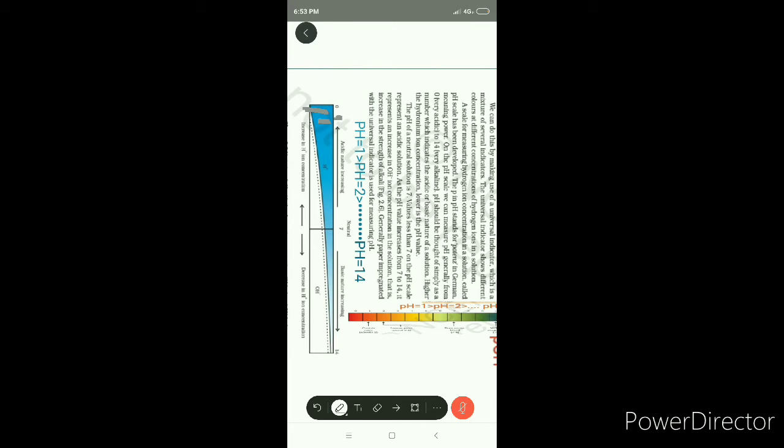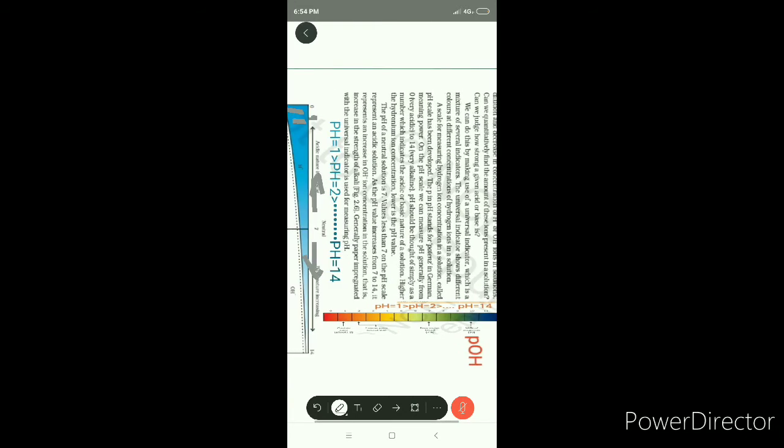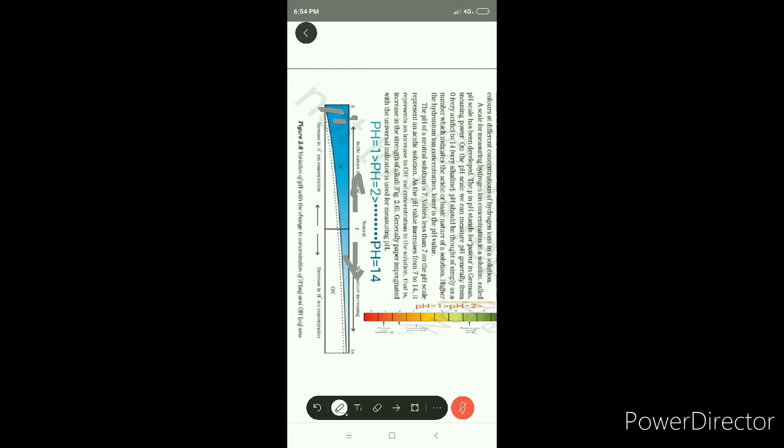Again, pH less than 7, up to 0, then the solution is in acidic condition. Okay, again when pH is more than 7, then the solution is in basic condition.